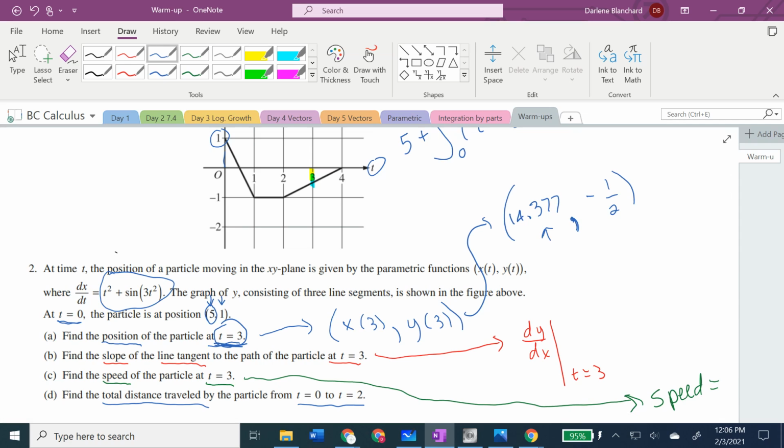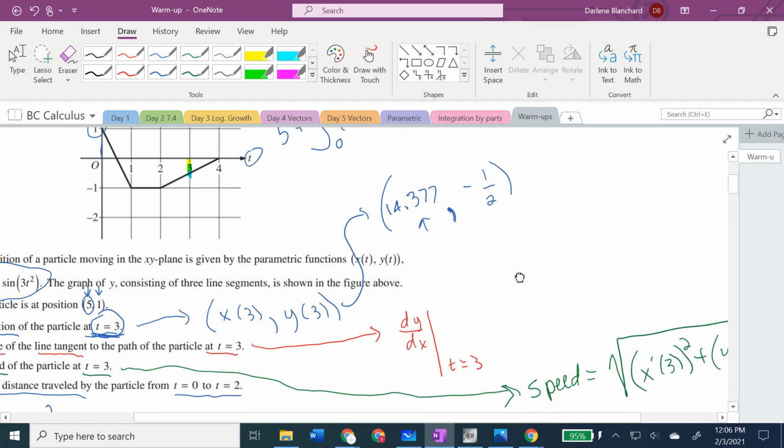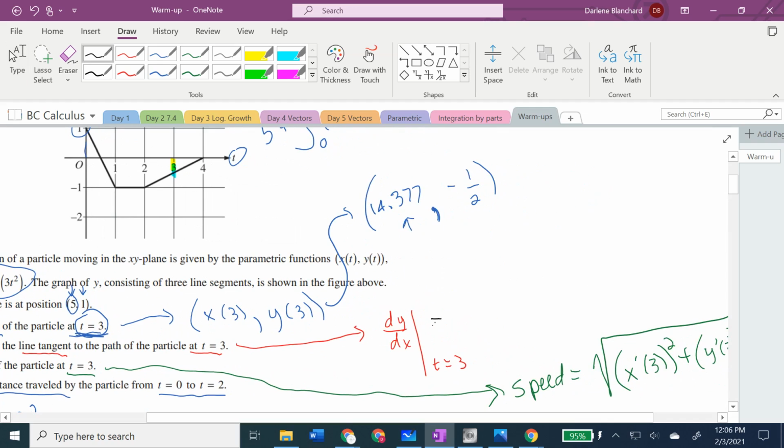Part B wants you to find the slope of the line tangent at t equals 3. So I wrote this up, but then I want to think about what that means with the information that I have. Because I'm dealing with vectors, I want to look at dy dt over dx dt at time 3.